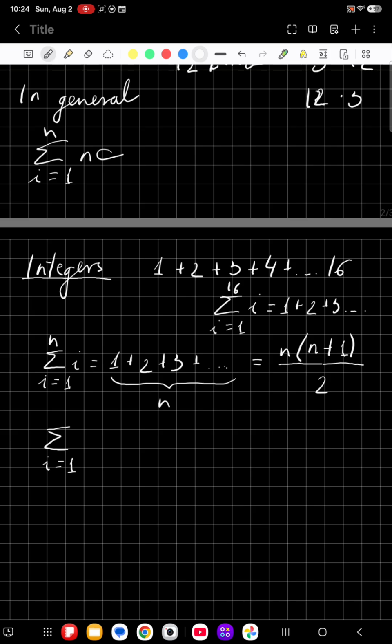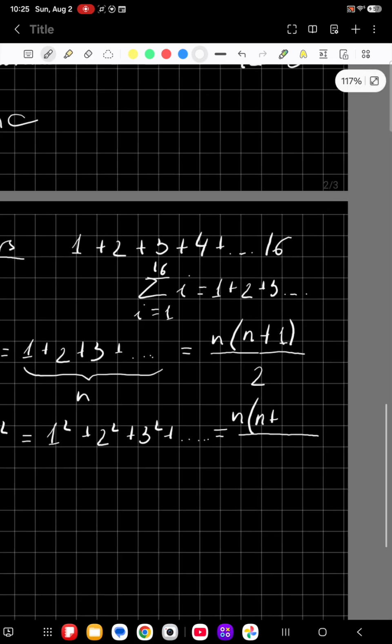We could square them. That would be our case actually. If I have i squared, I'll be adding 1 squared plus 2 squared plus 3 squared plus etc. And again, we'll see how the formula was derived in calculus 2: n times n plus 1. Hope I have more space.